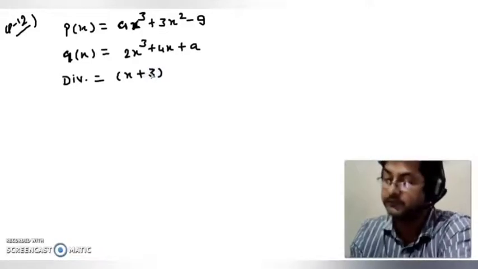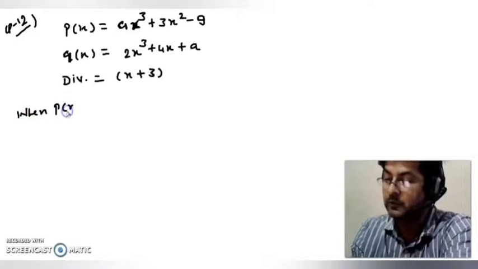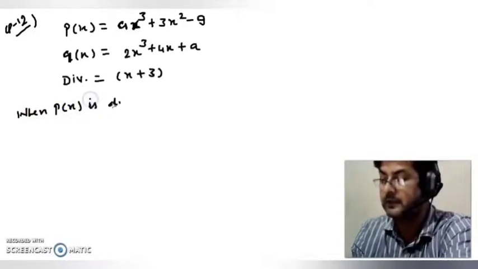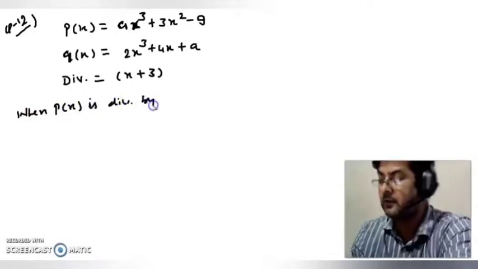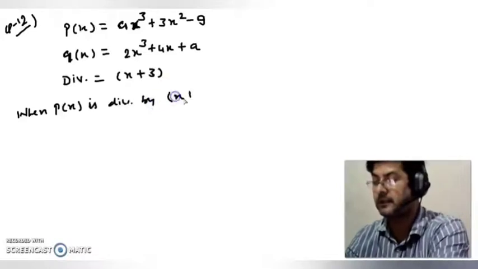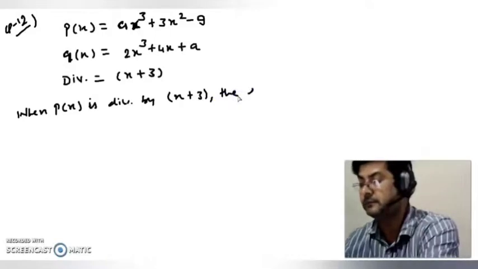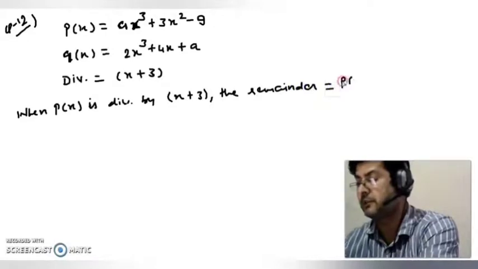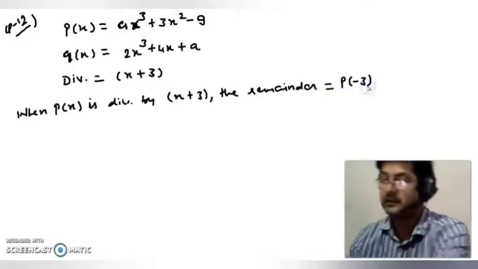We know that when polynomial p of x is divided by x plus 3, the remainder will be p of minus 3.